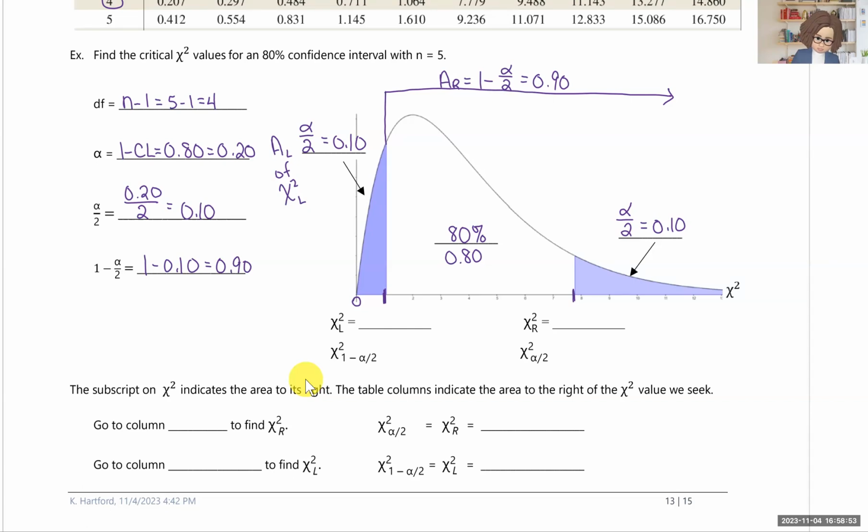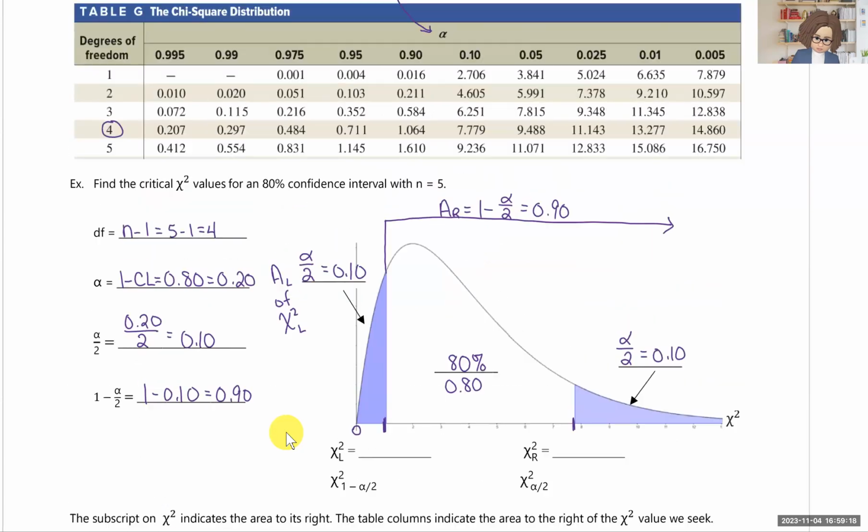And then let's go ahead and look at some specifics here. So we want to find chi-square right. We're going to go to the column alpha over 2. So let's come up to our table.